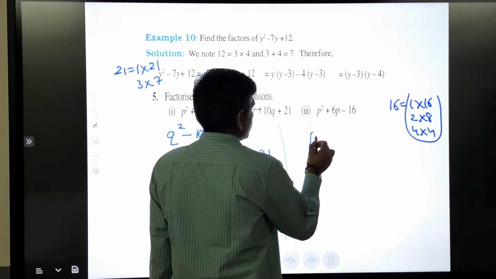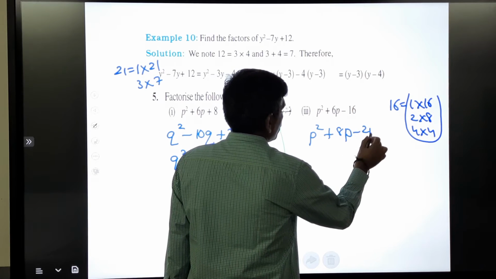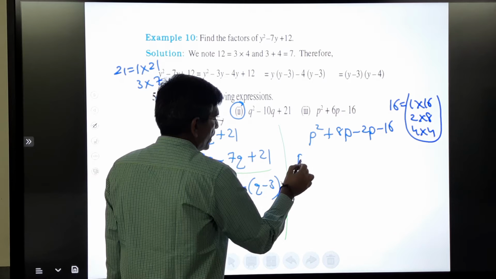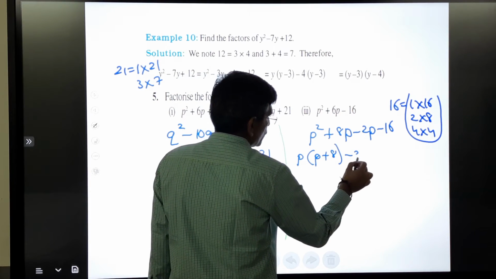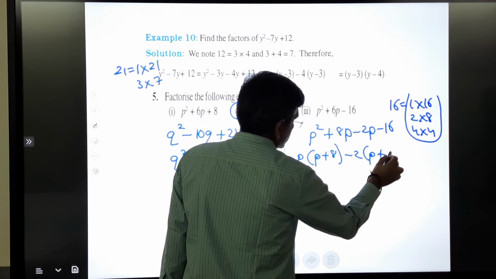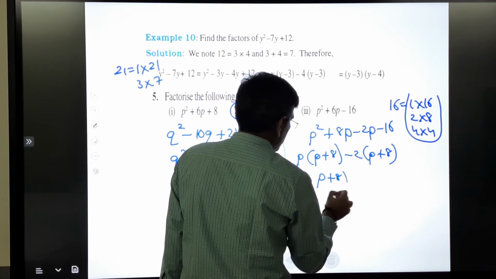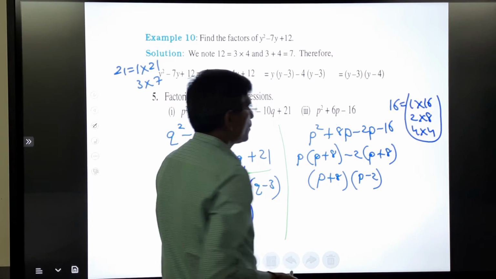So p square plus 8p minus 2p minus 16. So p is common, p plus 8, minus 2 common, p plus 8. So p plus 8 and p minus 2.